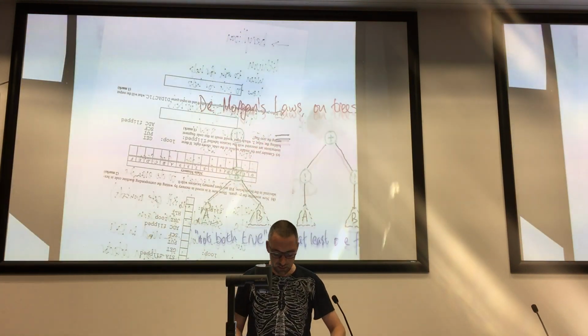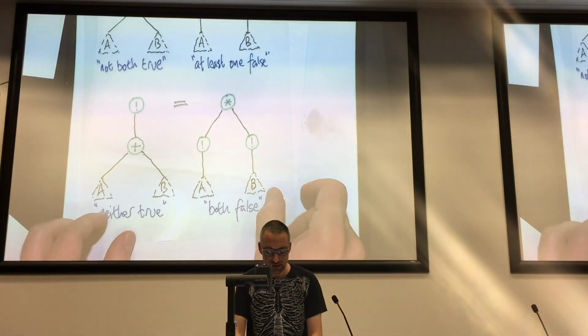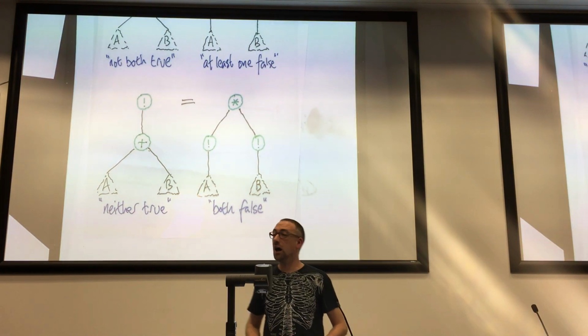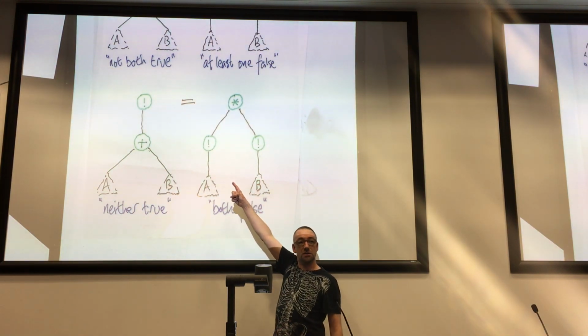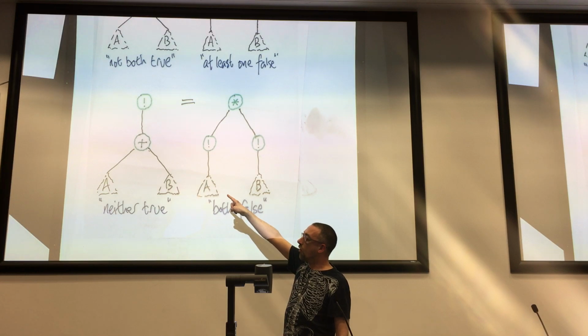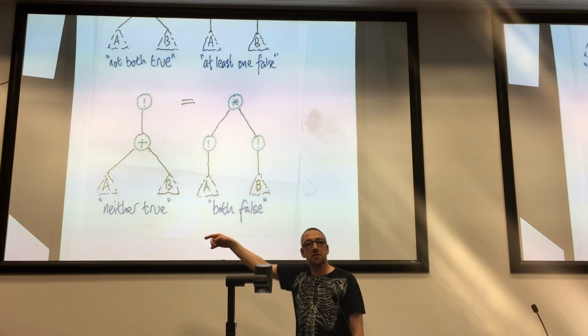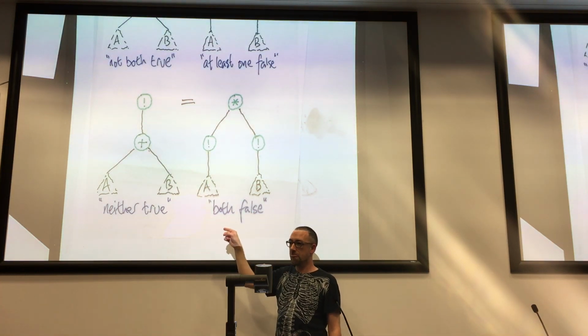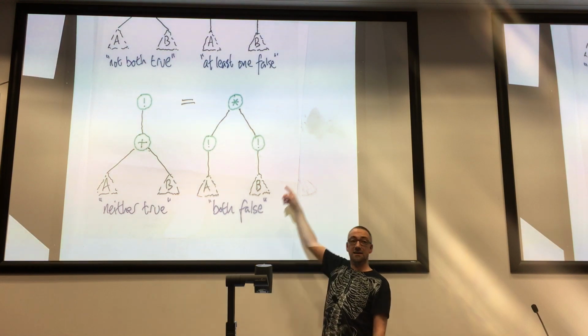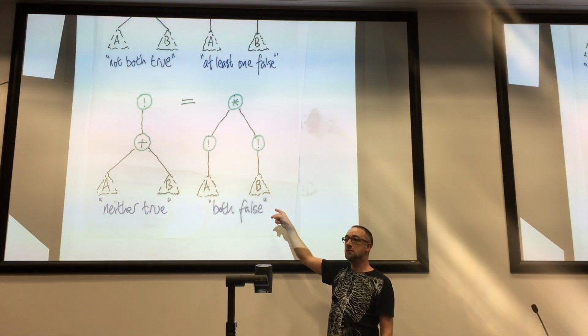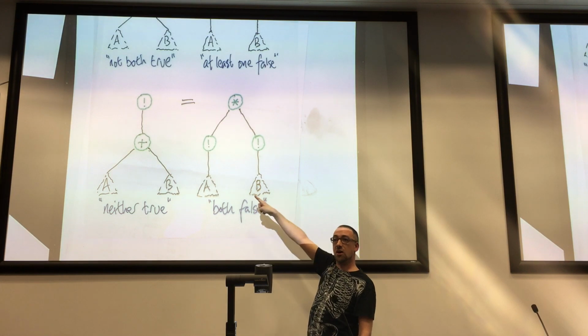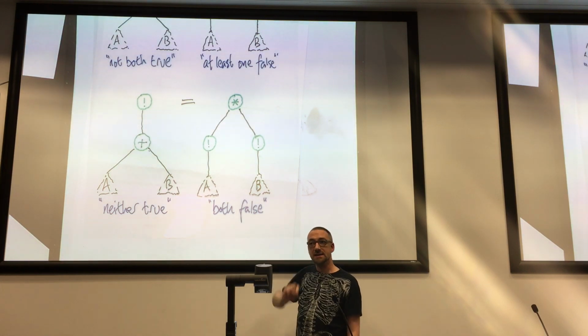And then the other law for De Morgan works the same way, only this time it's what happens when you have a not governing an or, so you're saying neither of these things is true. That's the same thing as saying they are both false, so you can have an and governing two nots instead.